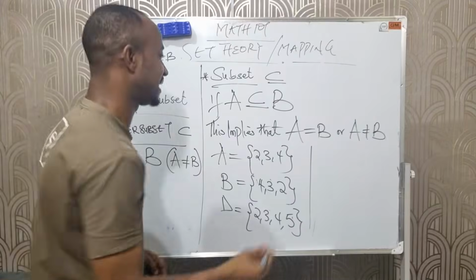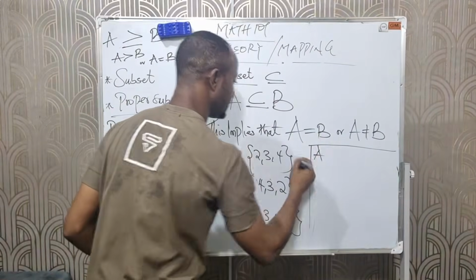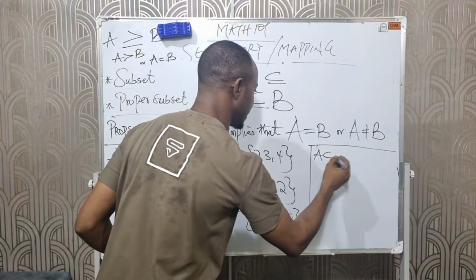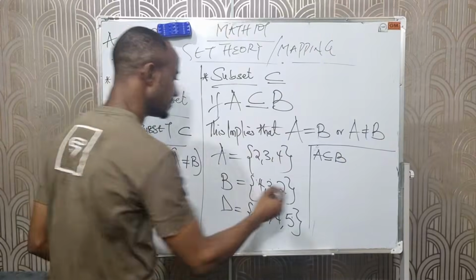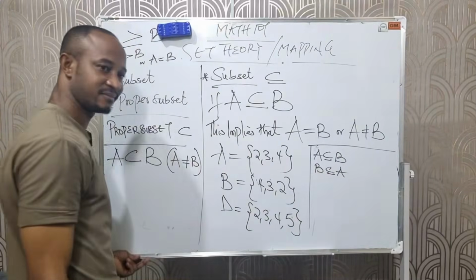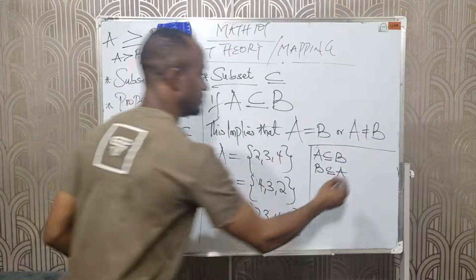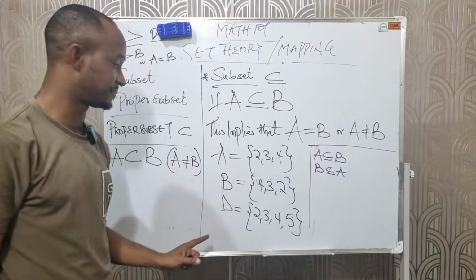So what I'm saying here is, let me just bring out the definitions. A is a subset of B, right? B is also a subset of what? Of A, right? Because both A and B are the same.